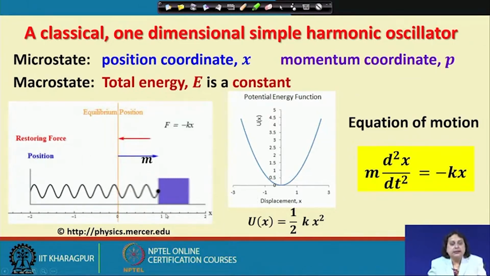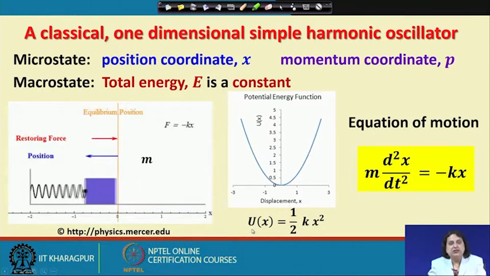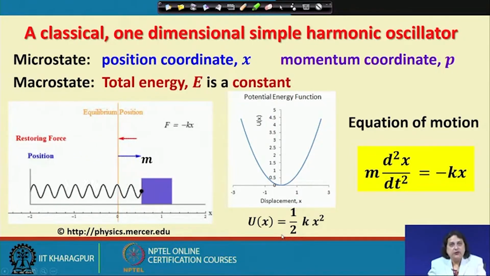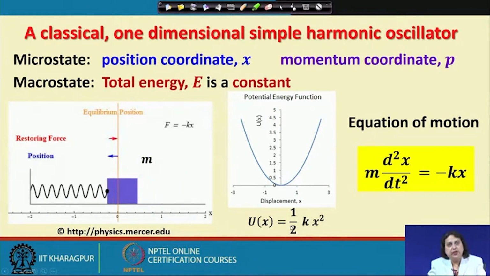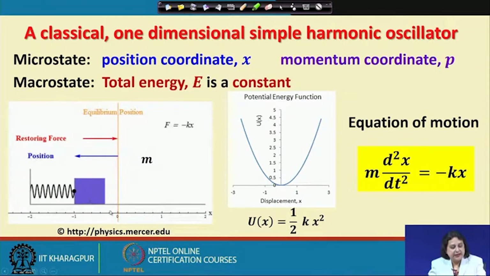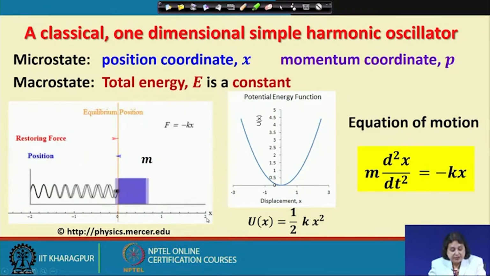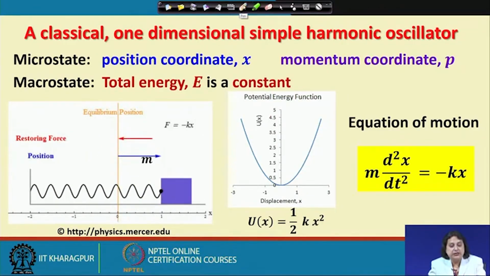Now, here I know that by my definition this particular mass is under the influence of a potential energy function, which is given as U(x) equal to half k x square, where x is the displacement in its position coordinate from its mean position at x equal to 0. Then I would say that there will be a restoring force acting on this particular system, which when the system undergoes a large displacement takes it back to its equilibrium position.